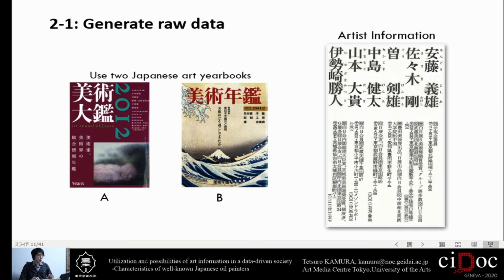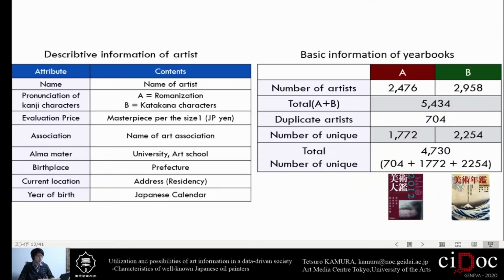Precisely, we didn't have usable digital data. Therefore, I decided to use printed books' information. These books are sold by several publishers in Japan. I tried asking the publisher, could you provide digital data to use for research purposes? The answer is no.